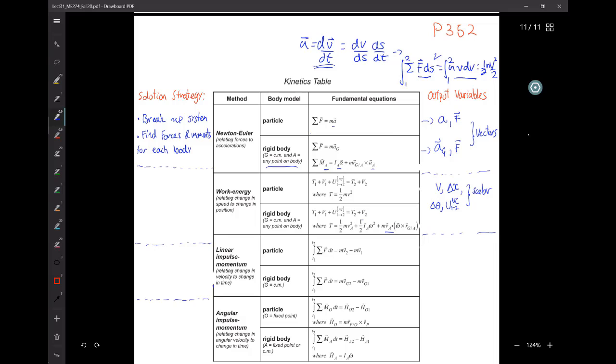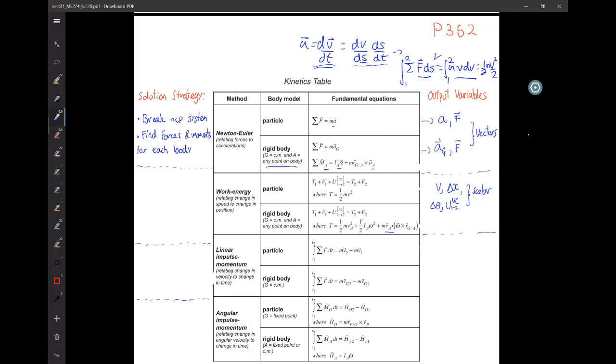Work energy is a scalar. You see, this conversion that I do there takes a vector and converts it into a scalar because I'm taking all the movement into this arc length, right? So I'm taking this trajectory and putting a coordinate that is curving along the trajectory of my system.